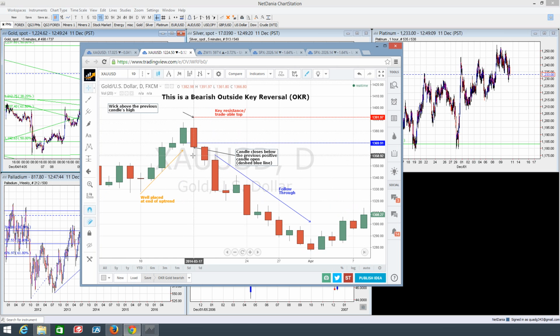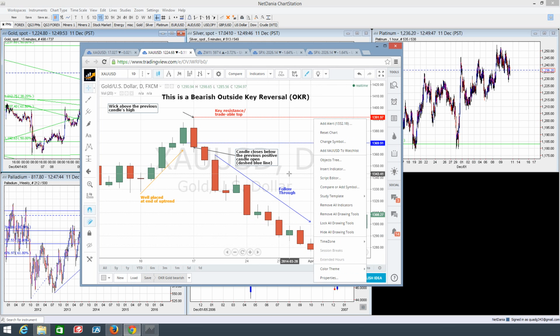And once that took shape, that set a significant key resistance, tradable top there at 1391.97, and it was sell-off time from that point forward. You see there was some significant fall through, just over about $100 free fall there over a few days.